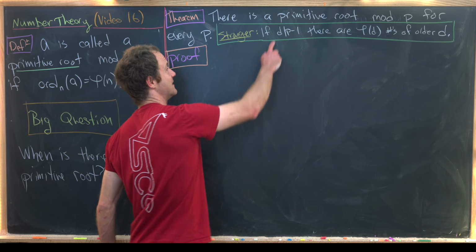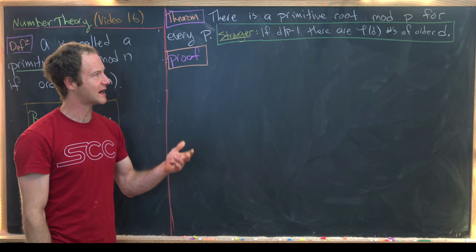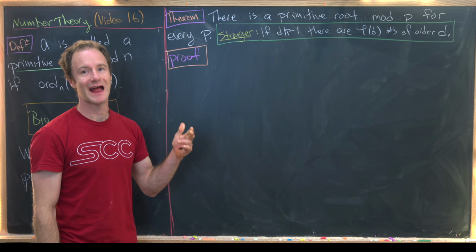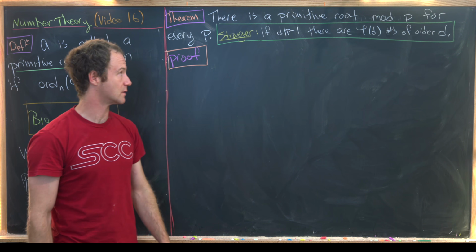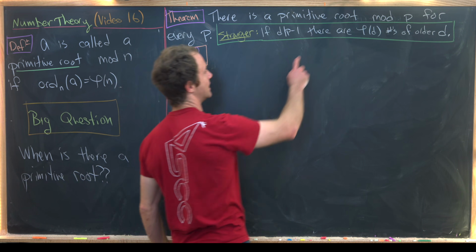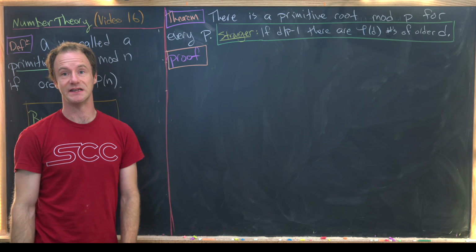And that is, if d divides p minus 1. Remember, p minus 1 is phi of p. So if we've got a primitive root, it has to be of order p minus 1. So anyway, let's start over. If d divides p minus 1, then there are phi of d numbers of order d.